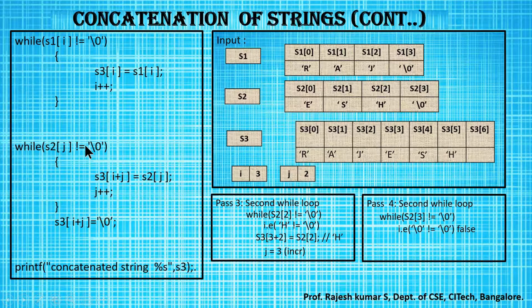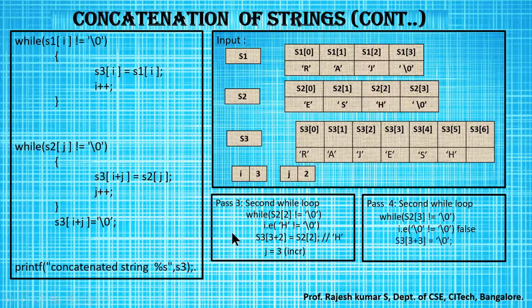Now this indicates that the second string is read completely. We have finished reading the second string, but you know that at the end we have to insert a null value to tell this is a string. So once the condition becomes false, we come out of the while loop. When we come out of the while loop, S3 of i plus j: we know the updated value of i is 3, plus the last updated value of j, which is 3. 3 plus 3 is 6.